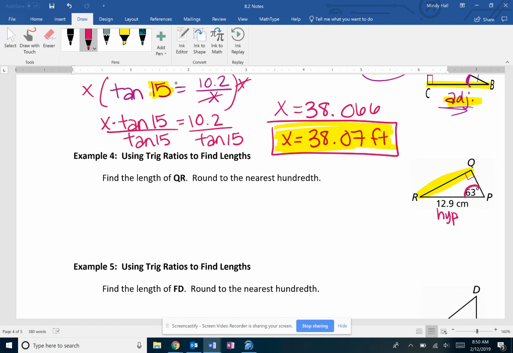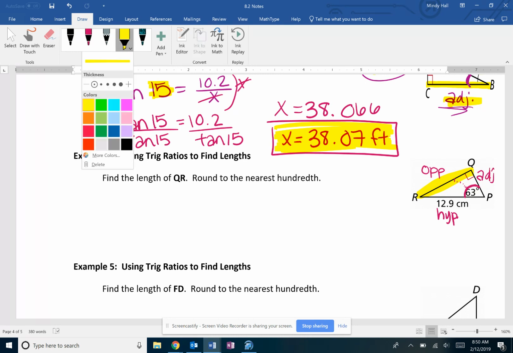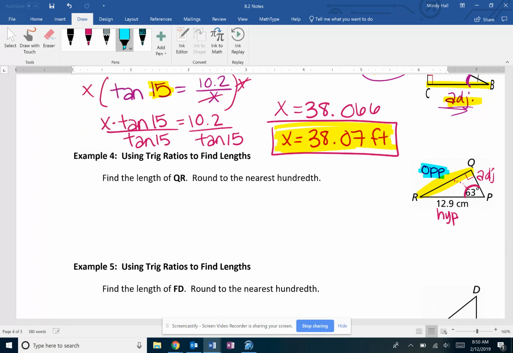If I'm looking at 63 degrees, my opposite side would be over here, the QR, and my adjacent would be right next to it. So looking at this, I'm going to need to have my opposite in my ratio and my hypotenuse because those are the only measurements I have.